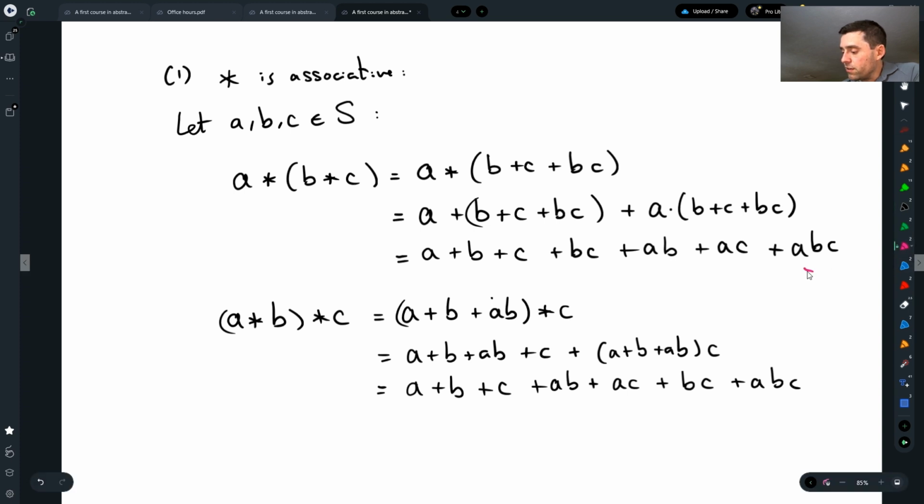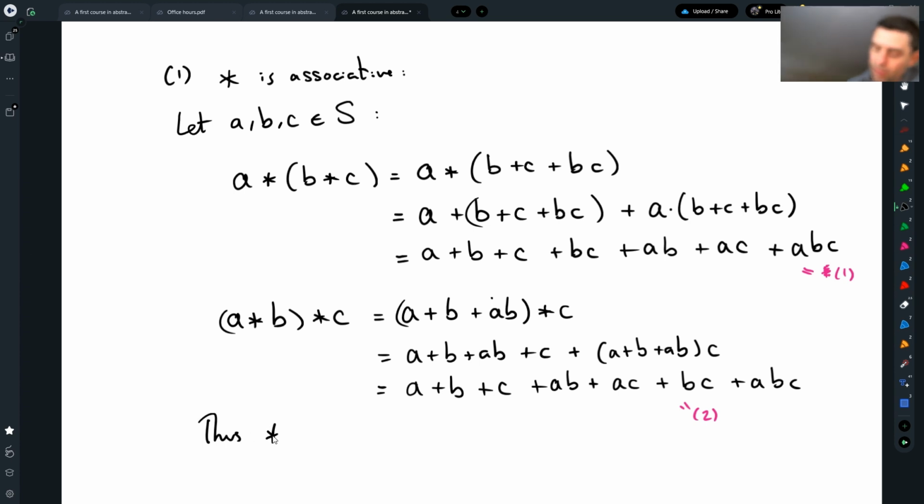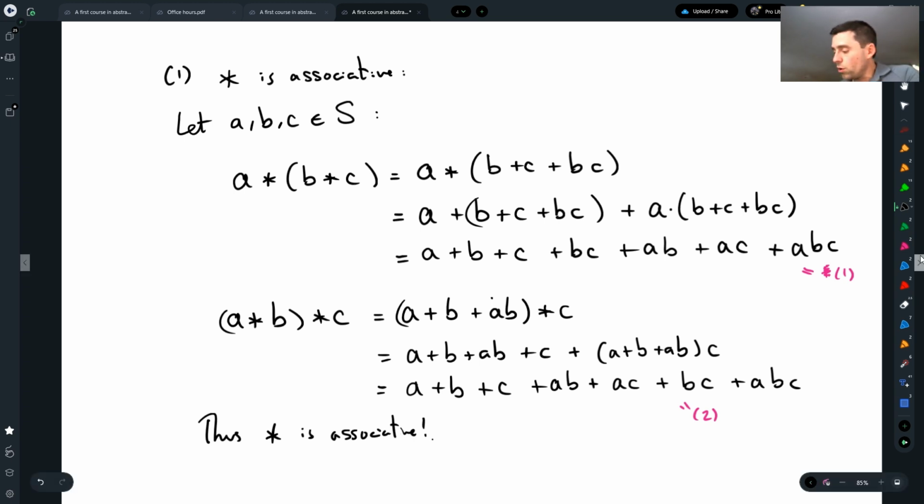And this, let's call this 1, this is equal to 2, and therefore the star is associative. Great. So that's the first axiom of group.